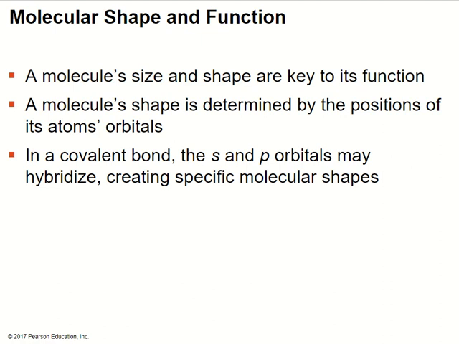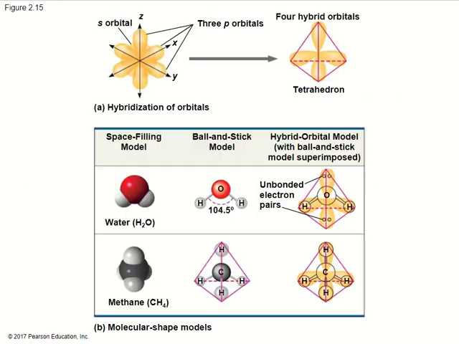A molecule's size and shape are key to what function it has. A molecule's shape is determined by the positions of its atoms' orbitals. Electron orbitals. In a covalent bond, the s and p orbitals may hybridize, creating specific molecular shapes.